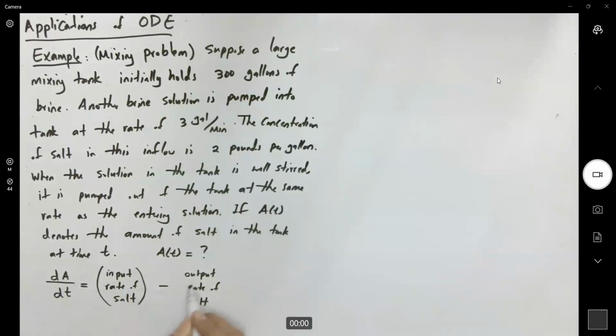So input rate of salt minus the output rate of salt is the rate of change of the salt in the tank with respect to time.